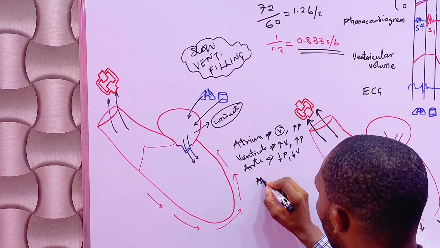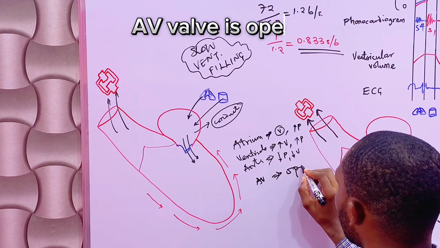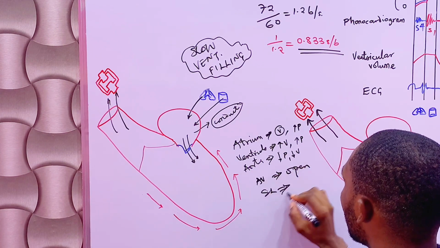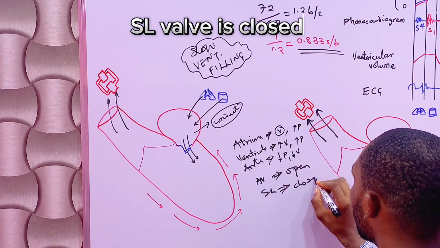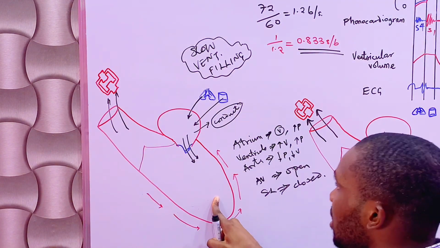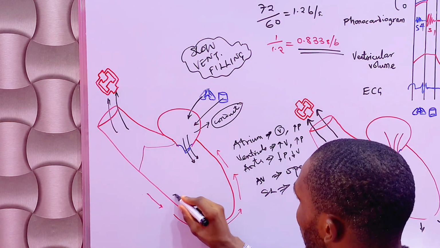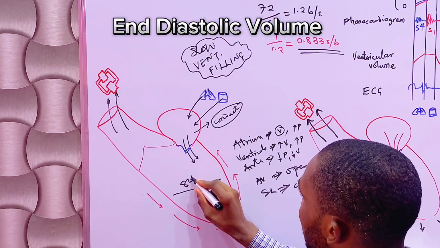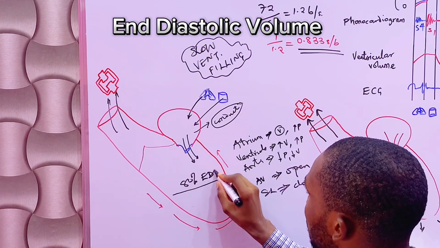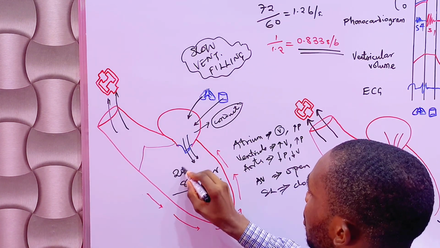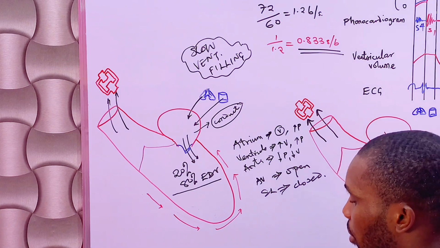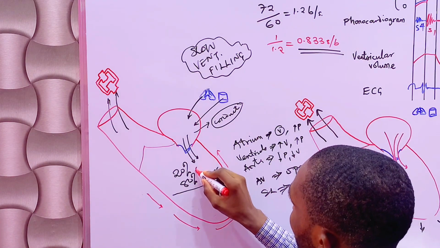Now the AV valve is open and the semilunar valve is what? Closed. So remember in this phase is what? Slow ventricular filling. And by the end of this phase, we would have had 80% of what? End diastolic volume. So the remaining 20% will be contributed by what? Atrial systole in the next phase.